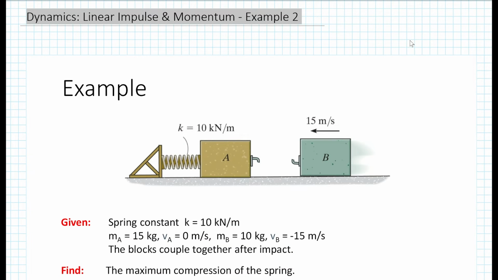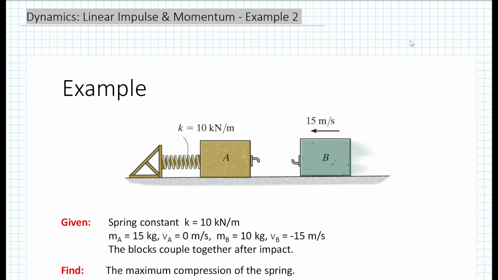In our next example, we're given the spring constant k equal to 10 kilonewtons per meter, m sub A is 15 kilograms, v sub A is 0 meters per second, m sub B is 10 kilograms, and v sub B is 15 meters per second. The blocks couple together at impact, and we're asked to find the maximum compression of the spring.